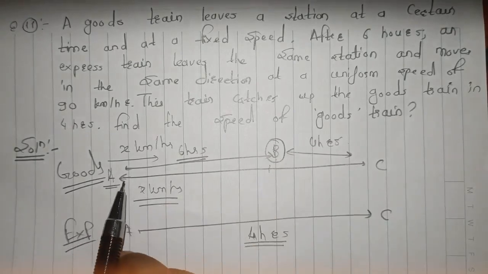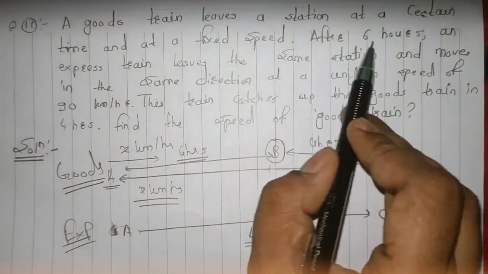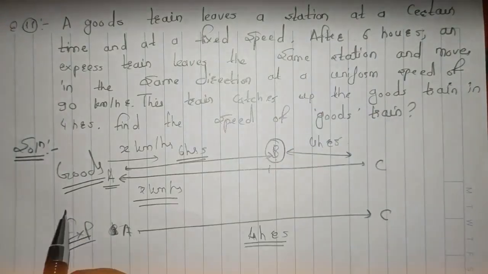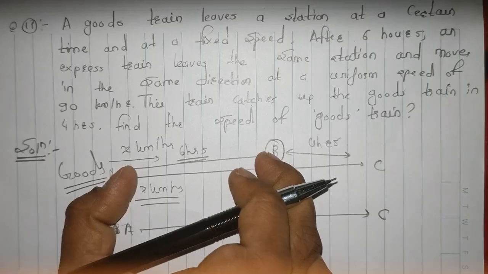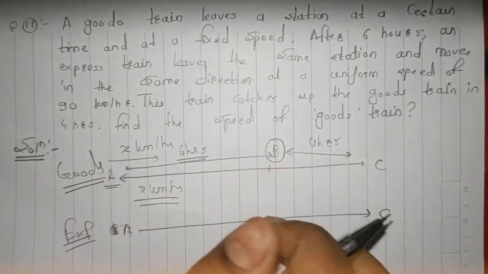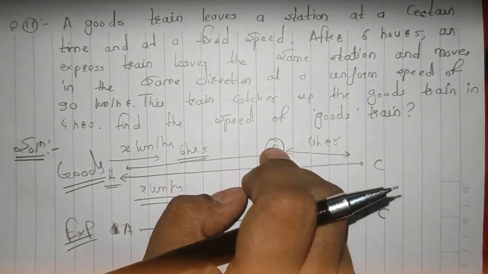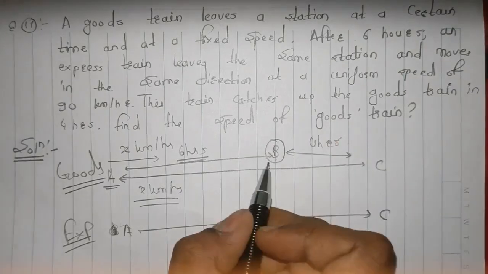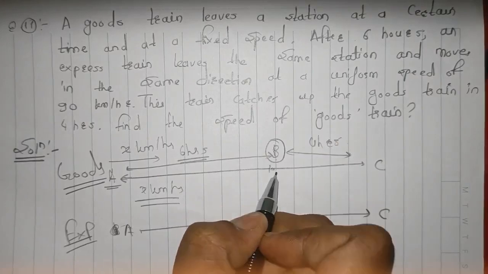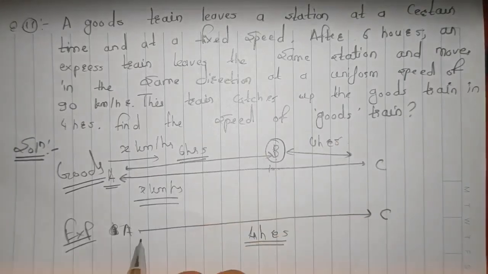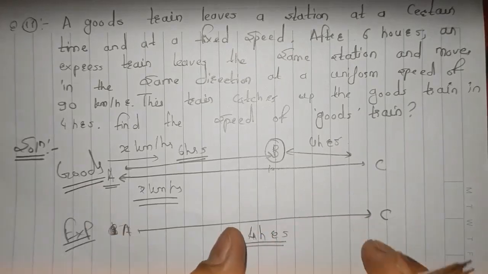Let me just repeat this. From A to B, in 6 hours, the goods train has reached this particular distance up to B, right? At this point the express train also starts moving from A, and it has covered the goods train in 4 hours.